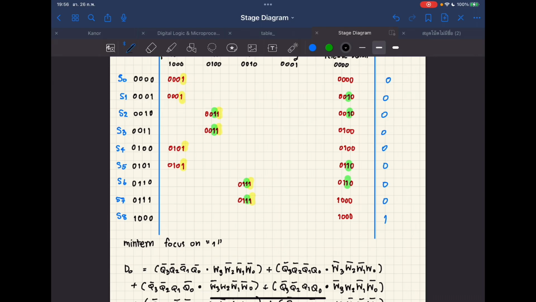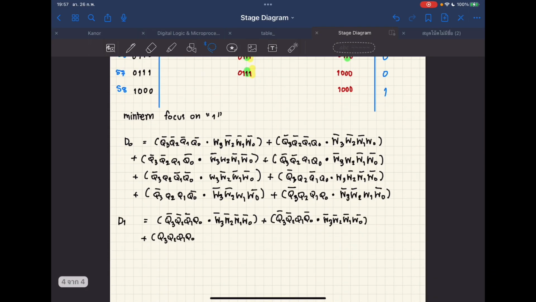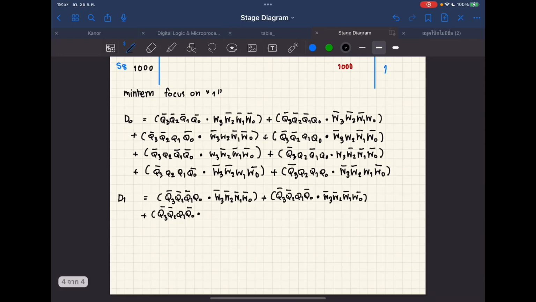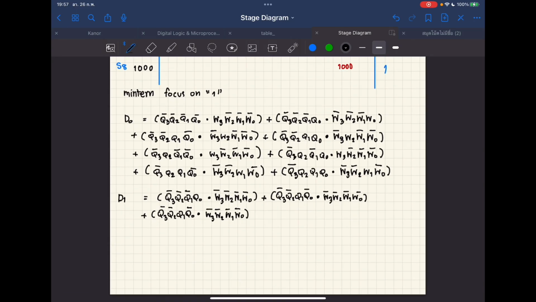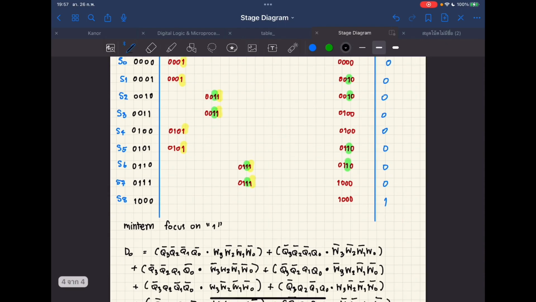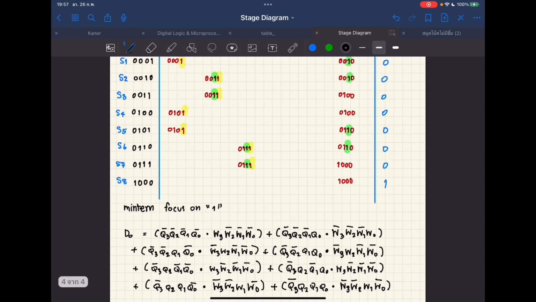Next is this, stage 2. Next one is this, stage 3.